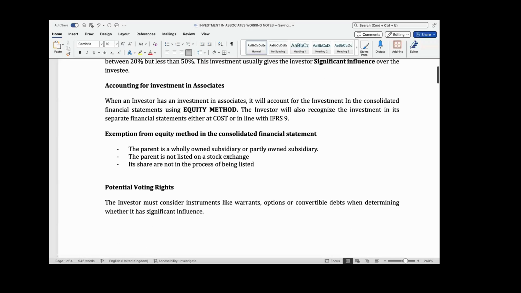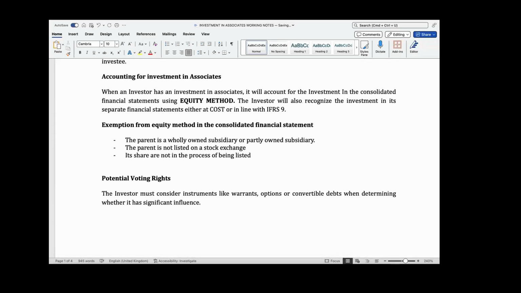So before you know whether you have significant influence, you must also consider potential voting rights. Just like we learned when I started group accounts, all those are applicable here.